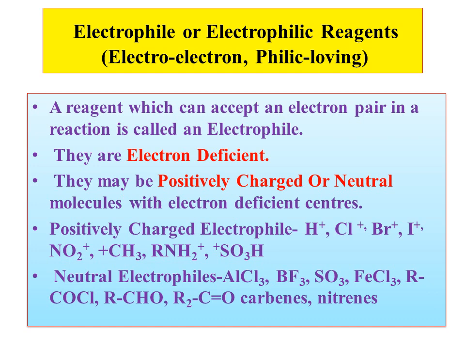But some of them we call Lewis acids; those species do not carry a positive charge, but they are electron deficient. They are neutral electrophiles like AlCl3, BF3, SO3, FeCl3, RCOCl, RCHO, ketones, carbenes, nitrenes, etc.